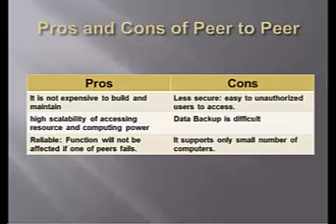All the peers are connected to each other, so if any one of them fails, the others will still be working. The disadvantages: it is not secure, it is hard to back up the data, and it only supports a small number of computers.